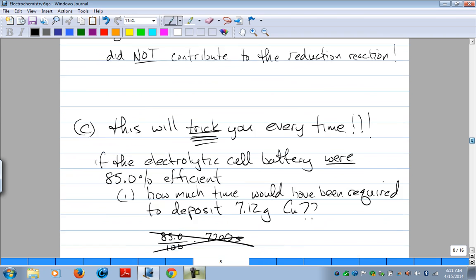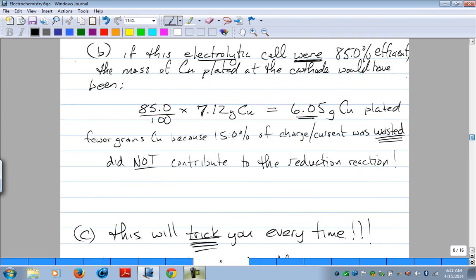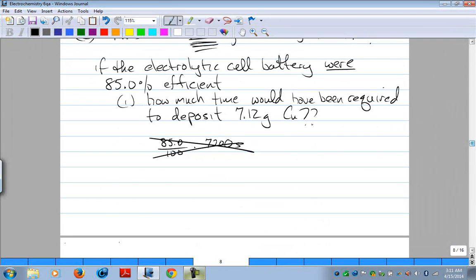So it's going to take more than 2 hours to get up to that 7.12 grams. In fact, 2 hours, or 7,200 seconds, we could just say this in an English sentence, 7,200 seconds, 2 hours, is 85% of the required time to plate out the entire 7.12 grams.